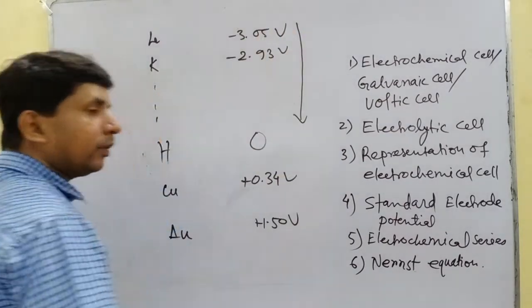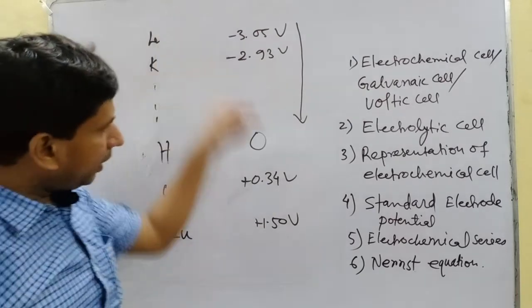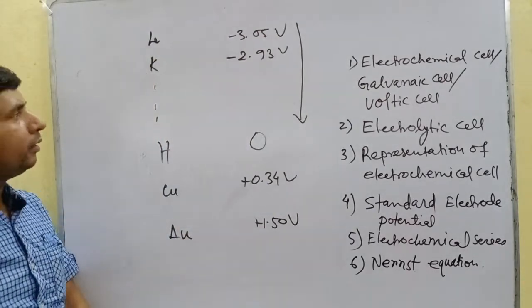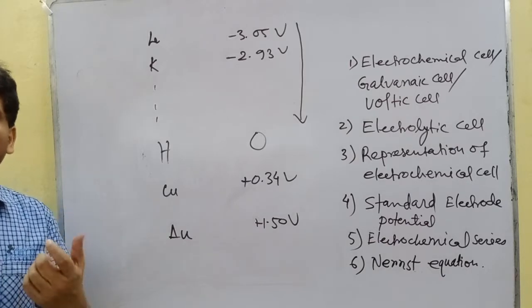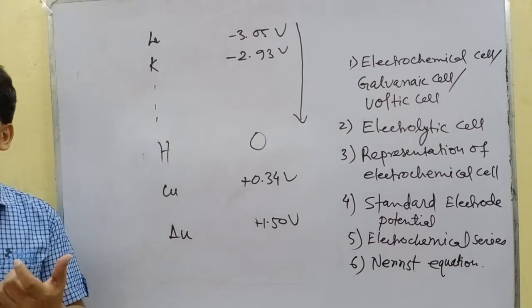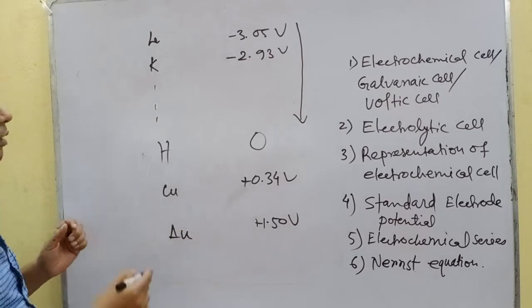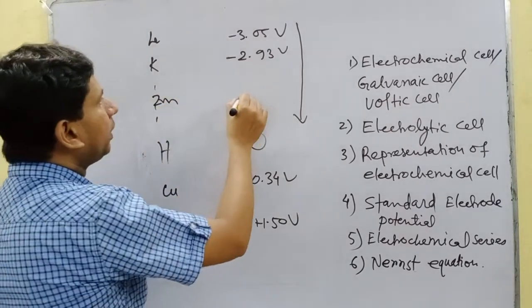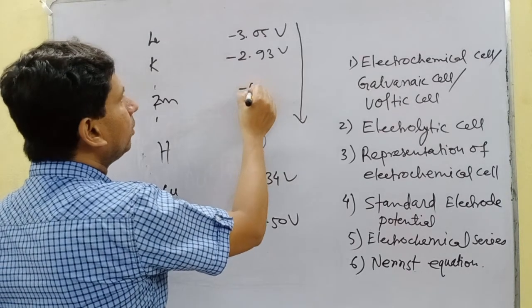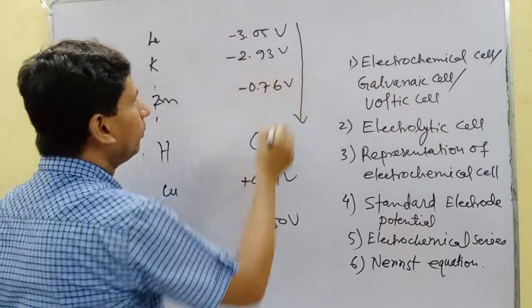So down the activity series, reduction potential increases. If it is zinc, then what happens? The reduction potential of zinc is minus 0.76 volt.